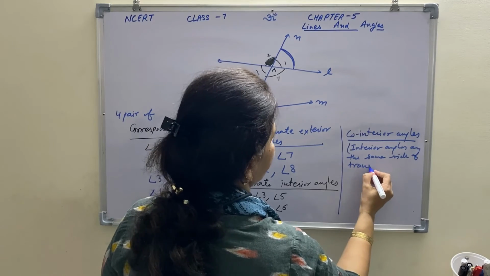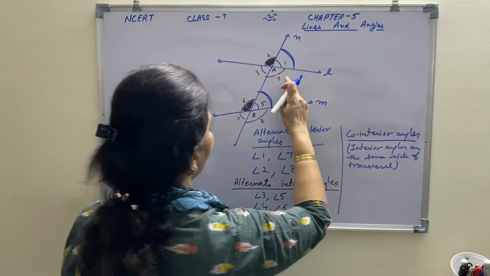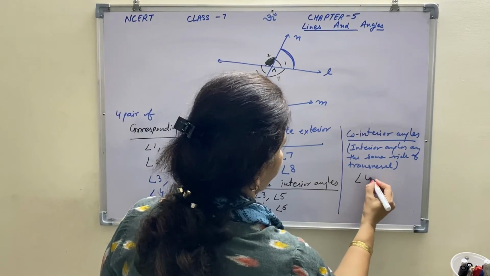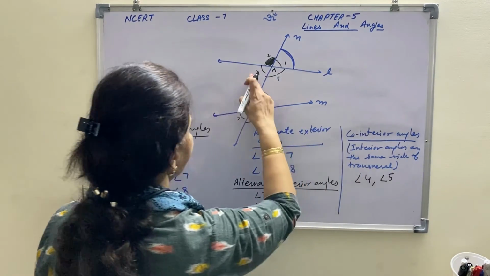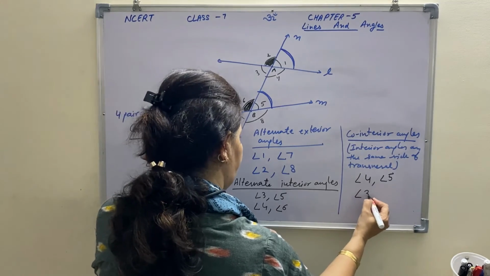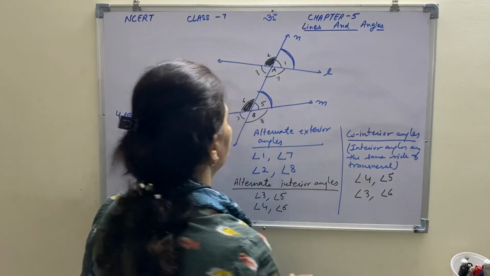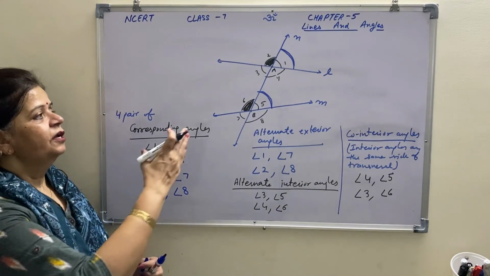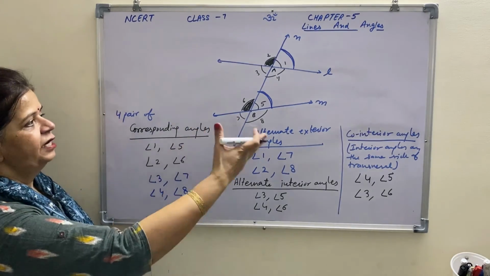And same side of the transversal means 4 and 5 is one pair which are co-interior angles, and 3 and 6 is another pair which are also co-interior angles. Okay, so this way you can find the relation between the angles.